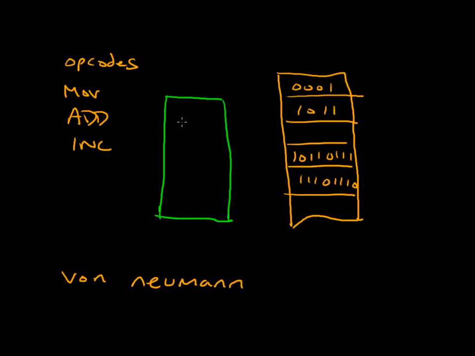One of these areas is called the data segment, and one of the areas is called the code segment. Now, the data segment is read and write, so it's possible for the processor to write to this area. The operating system will let it do that. And the code segment is read-only, so this is where the instructions will be placed that run the program.